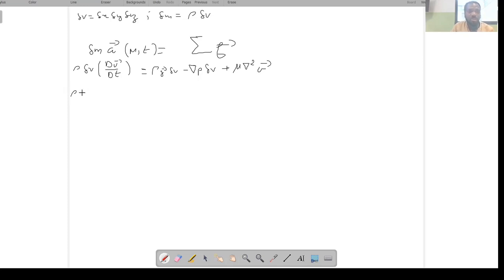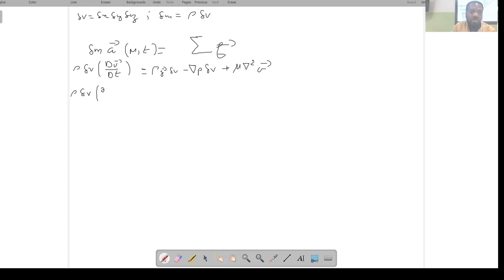Then we get rho delta V. So the material derivative can be decomposed into the local derivative and the convective derivative.